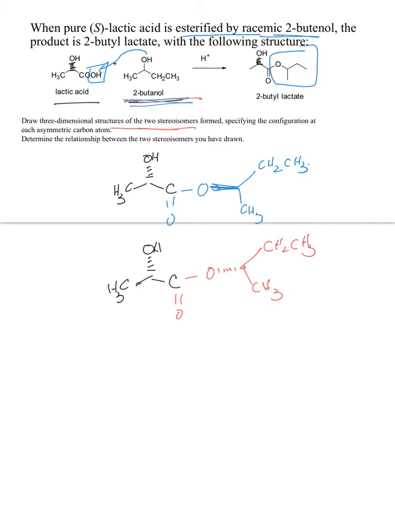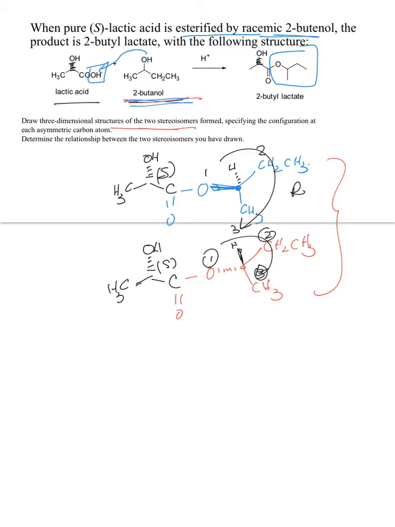So these are your two diastereomers, and there's two isomers formed because you have this is an S, this is an S, and then you have to figure out what this one is. So you look at this, you have 1, 2, 3. The hydrogen that you don't see is going back. So that's R. And then here you have 1, 2, 3, and the hydrogen's coming at you.